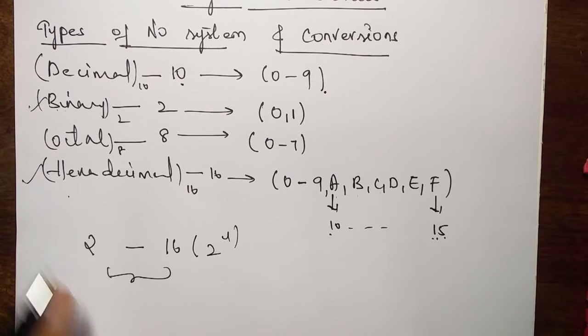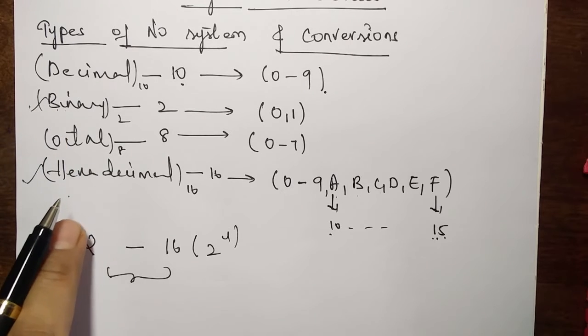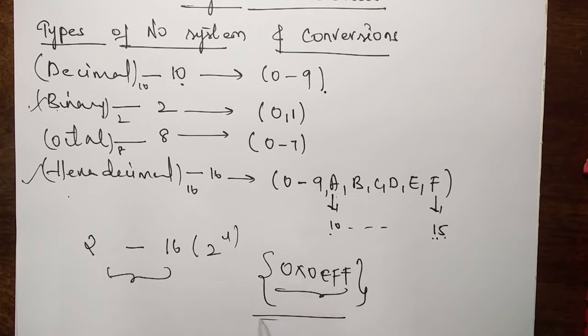You can also say the internal language that the computer understands is binary, and for assemblers, interpreters, compilers and in coding we use mostly hexadecimal. You might have seen that if an error occurs, the computer shows the error in the form of some location like 0, 0, E, F, F, meaning in this memory location an error has formed.